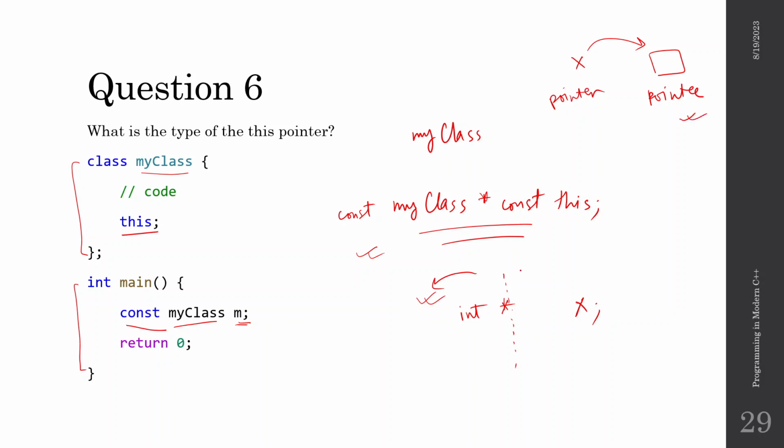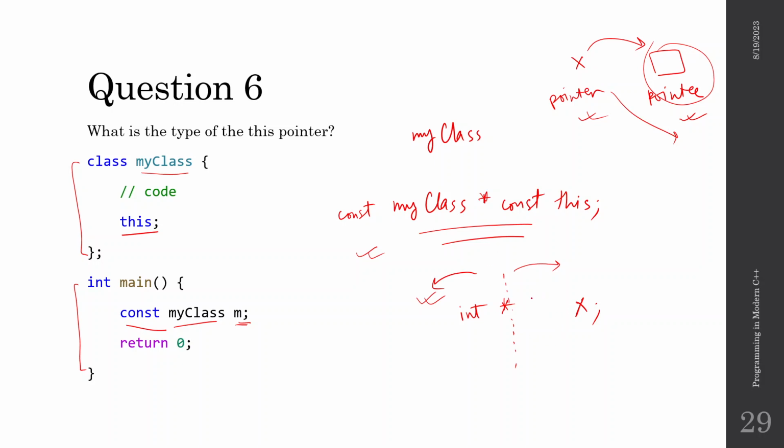If you have a const on the right side of the star, it means that the pointer is constant. Pointer is constant means that it always has to point to that same address. It cannot change the address where it's pointing to. Whereas pointee is constant means that this thing cannot be modified, but your x can point to something else. That is allowed.